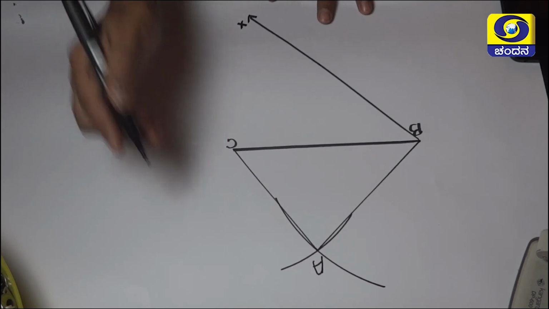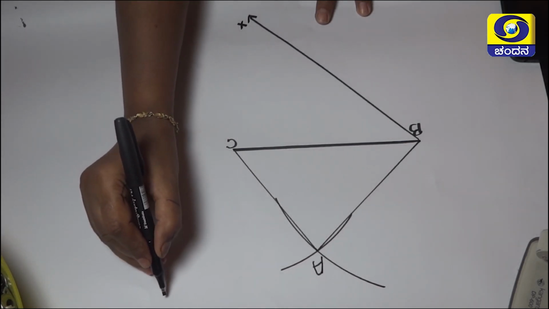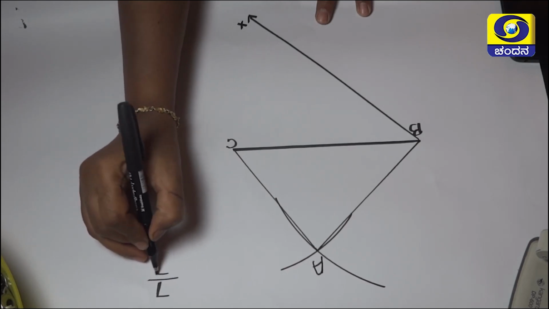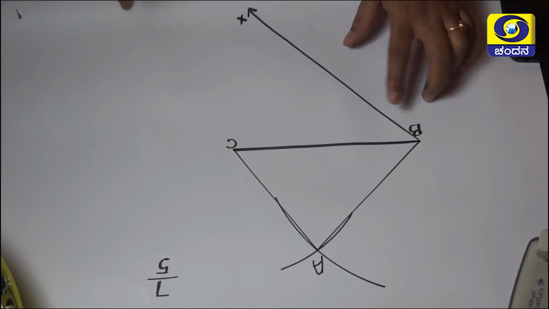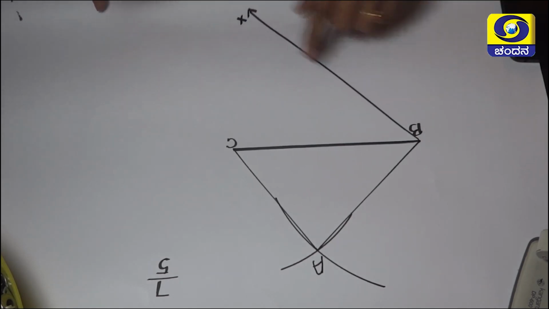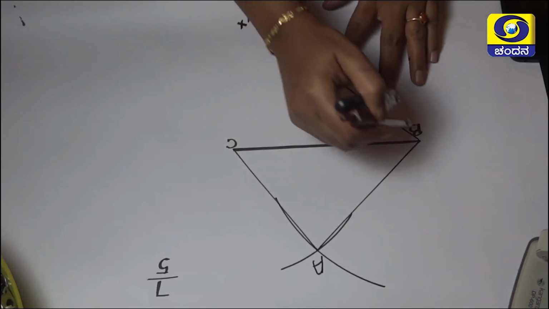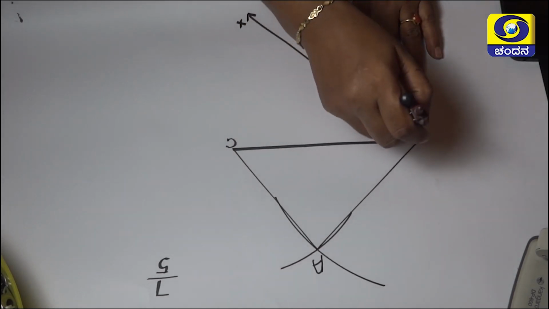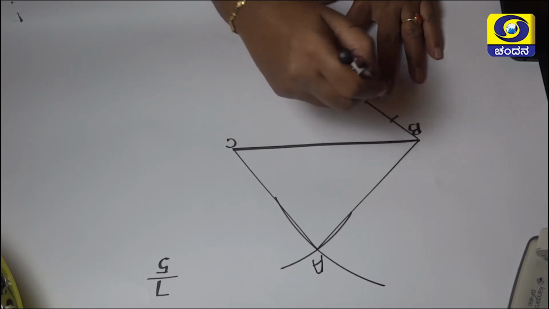As per the scale factor, which is 7/5, we have to make 7 parts on this ray BX. Take a compass of convenient length, go on making marks. You should make 7 marks.